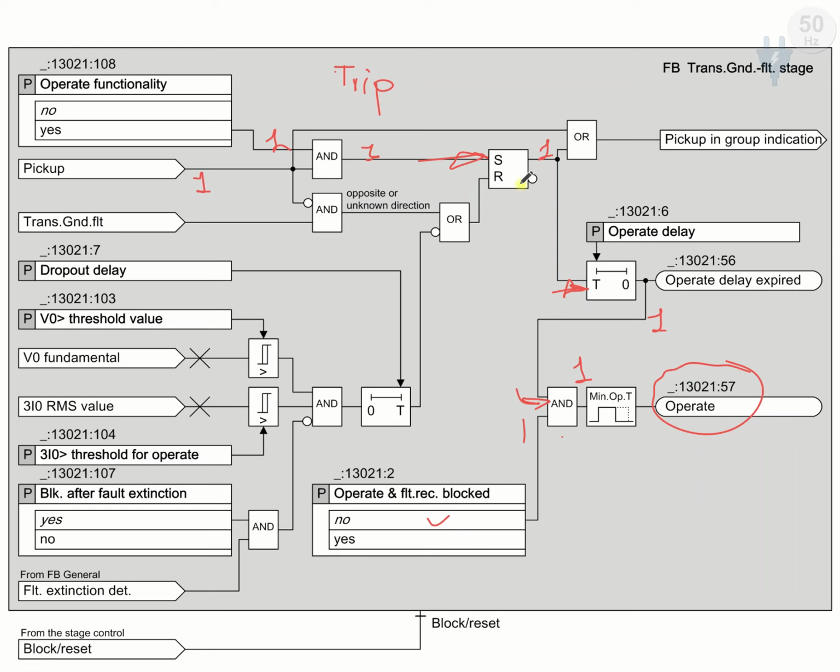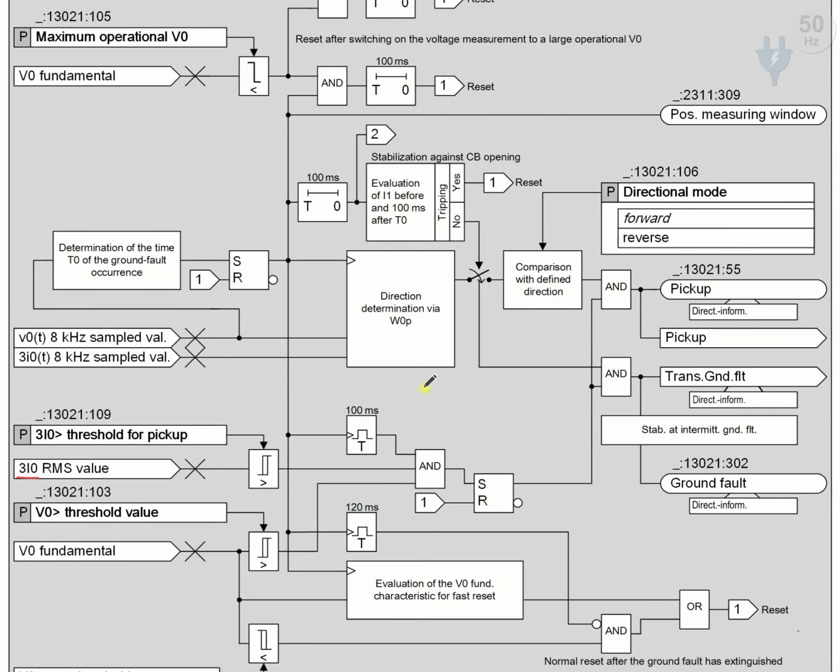Now let's understand how this SR latch is reset and how this reset signal is generated. As this function configuration was already discussed in the previous sessions, we know that whenever the 3I0 RMS value and V0 fundamental value exceed the threshold value, and after 100 milliseconds passes, a signal is generated.